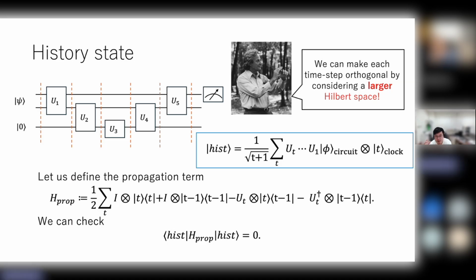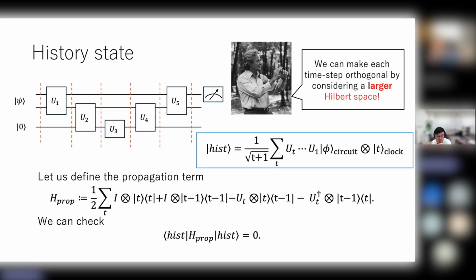By introducing the clock register, each computational step of the verification circuit can be made orthogonal. And by considering this propagation term, we can see that the history state is a ground state for this propagation term.